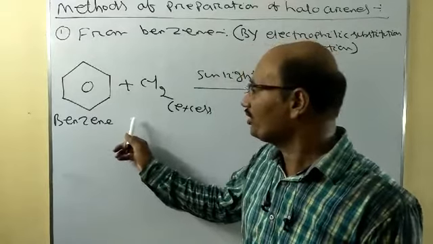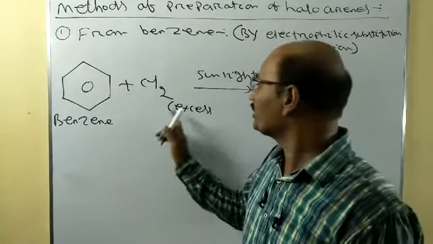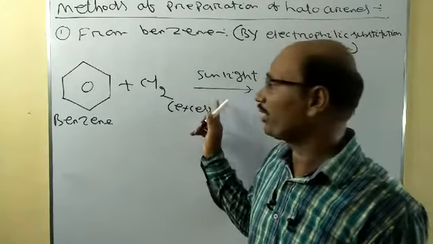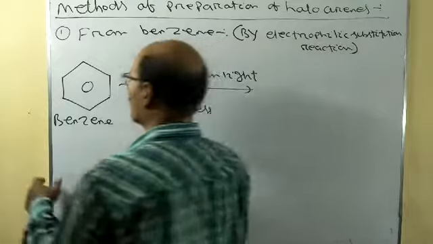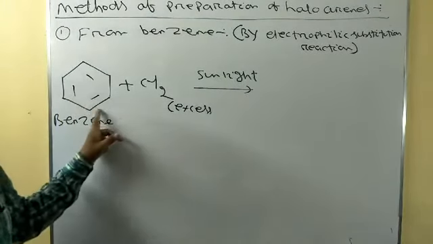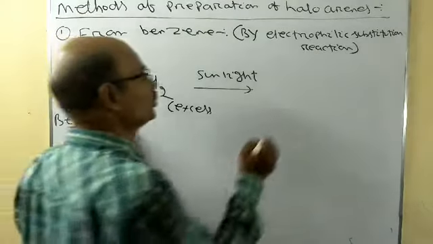We do not have the halogen carrier here, and we are doing this reaction in light condition. So what happened? The pi bonds will break and it will undergo addition reaction to give what?